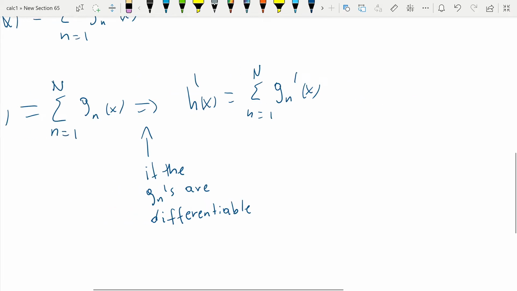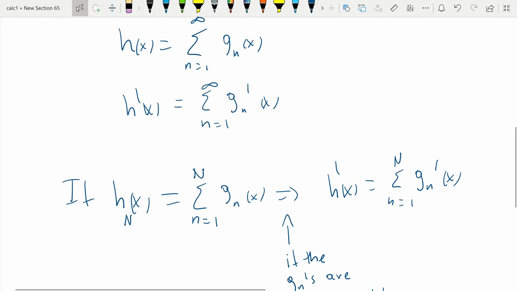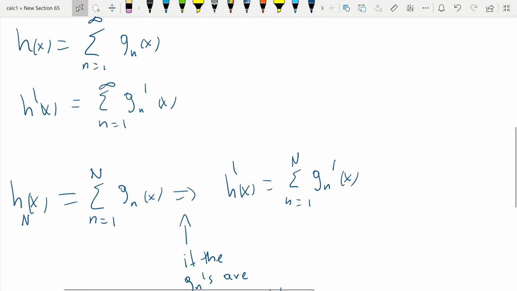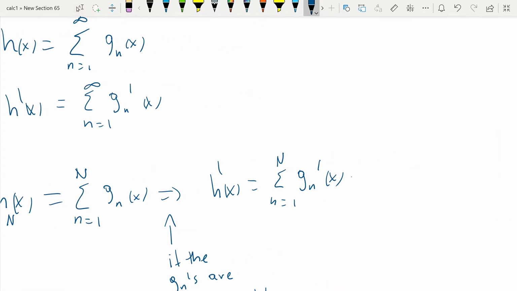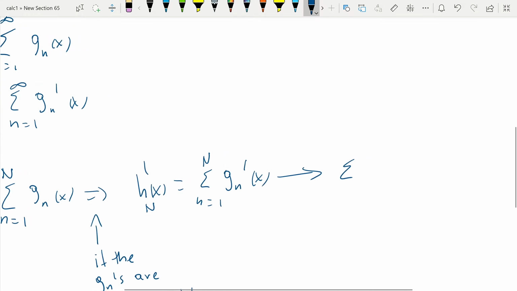The thing is that this is a problem of convergence. Remember that we can say that this tends to a certain limit. This is h sub n, by the way, it's not h. We talked about this before, and the thing is, how can we be sure that this limit actually exists as n goes to infinity?